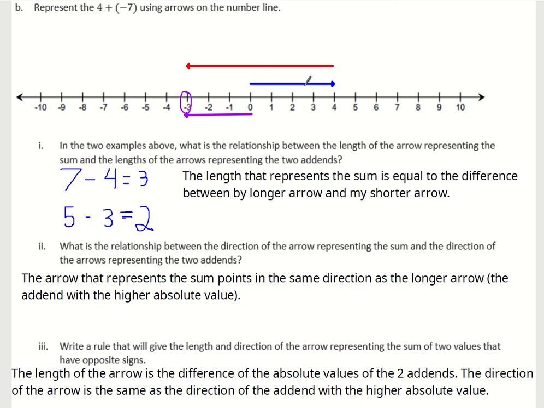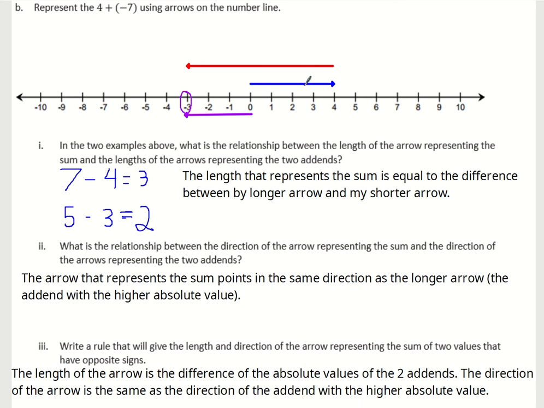But we don't want to talk about this in terms of lengths and directions of arrows. We want to talk about this in terms of real numbers. I don't want to have to use my number line all the time. So right underneath this, you should be able to see that rule that puts it in terms that aren't just on a number line.